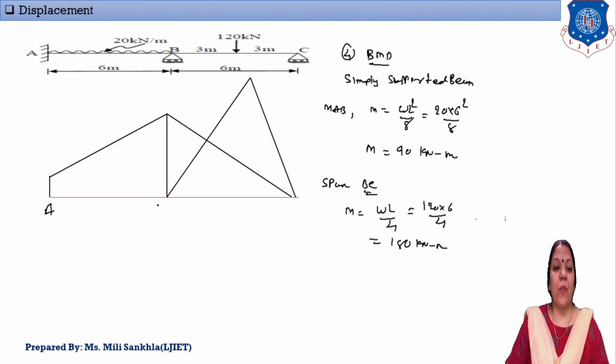A point, this one is B point, and this one is C point. Now our final moment at A is a negative value, that is 38.625, and at B point we get moment 102.75, and at C point our moment is 0.